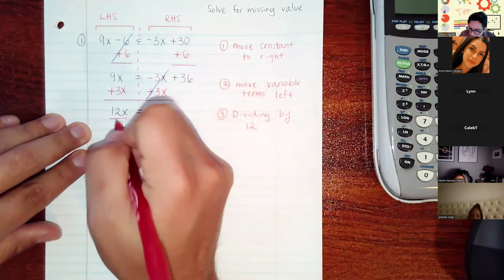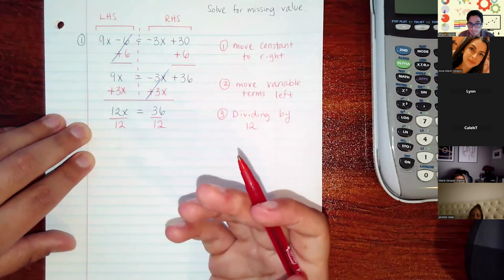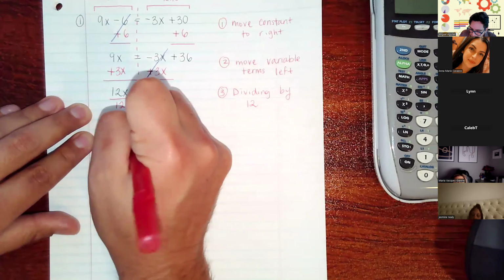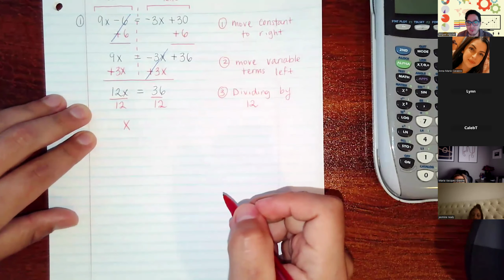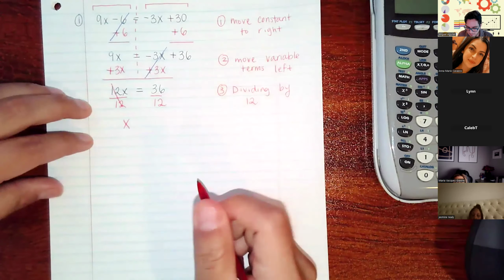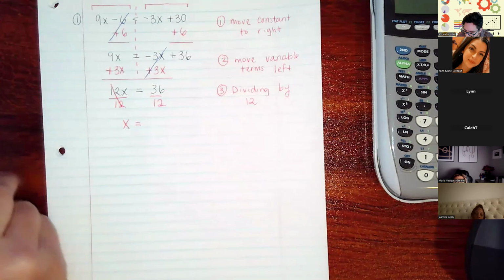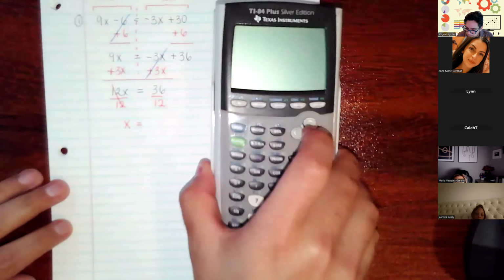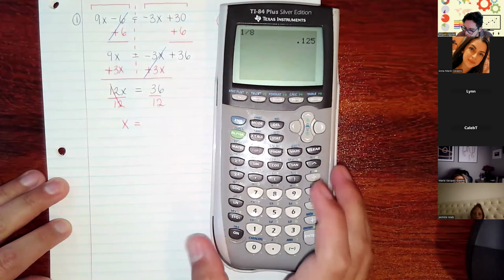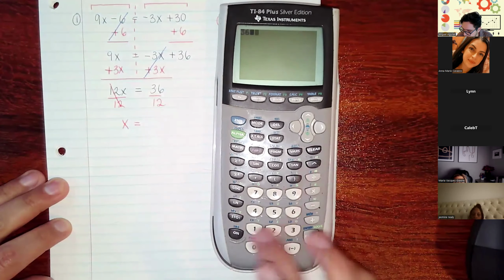12 divided by 12 is 1. So we can say we have 1x left over or simply x left over. Those cancel out. So we have x is equal to, do you guys know what 36 divided by 12 is? 3. Yeah, and if you weren't sure, you can just pop that in the calculator as well.